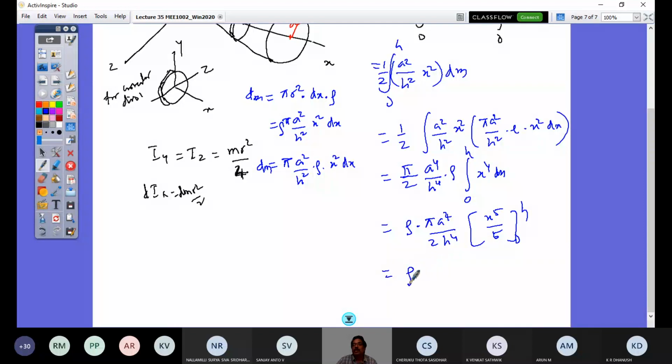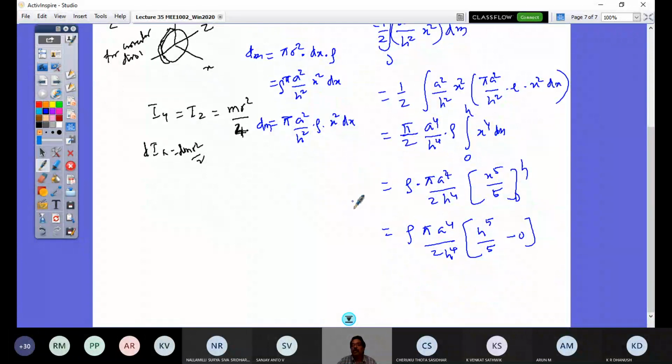So if I substitute, it is rho pi a power 4 by 2h power 4 into h power 5 by 5 minus 0. Now h power 4 in the denominator, h power 5 in the numerator, so that goes off and I get rho pi a power 4 into h by 2 into 5, 10. So this is what is equal to I.